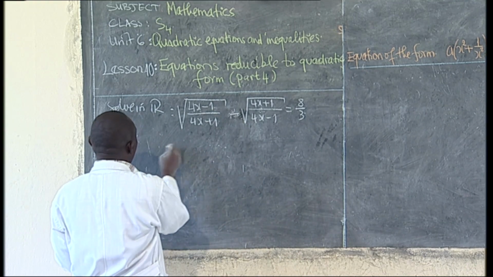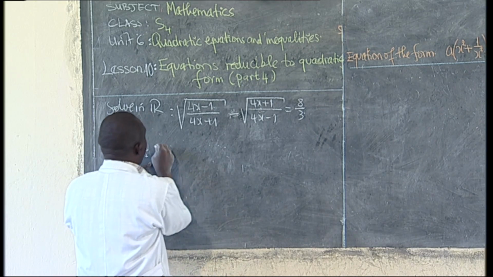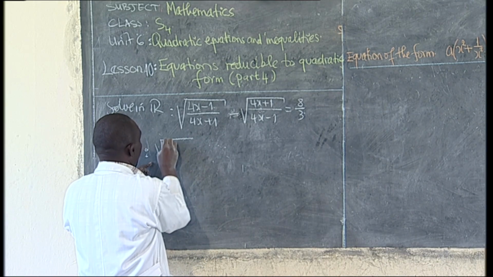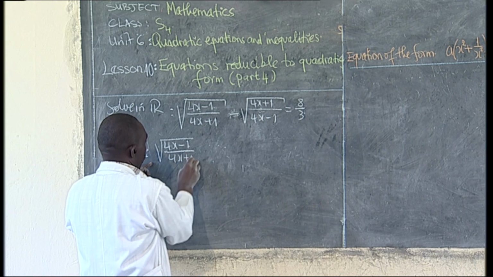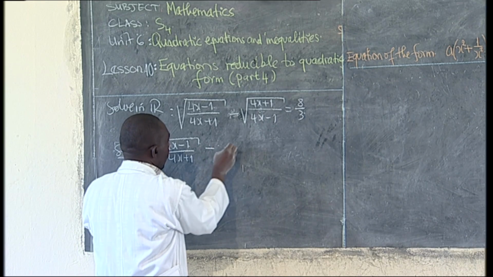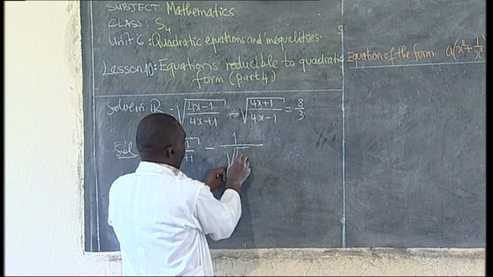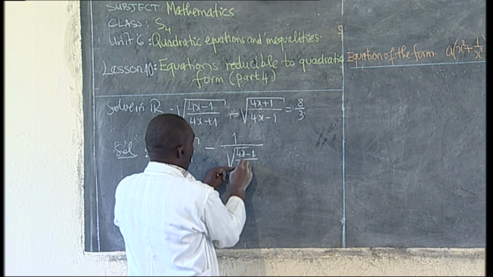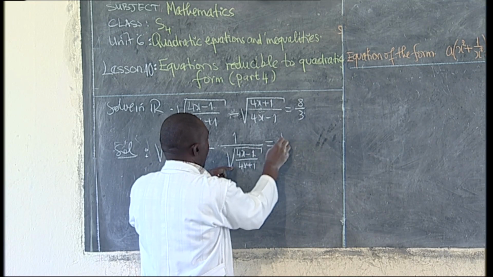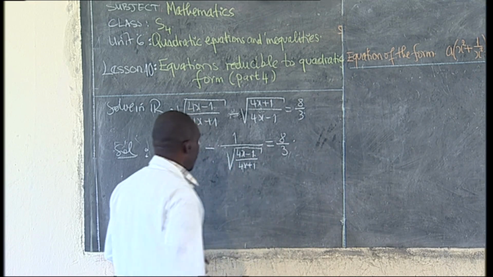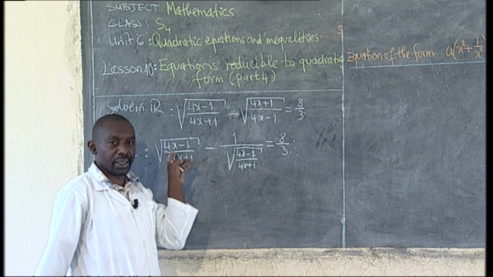This equation can be written as square root of 4x minus 1 divided by 4x plus 1, minus 1 divided by square root of 4x minus 1 divided by 4x plus 1, which is equal to 8 divided by 3. Do you see? This expression under the radical sign is the same.